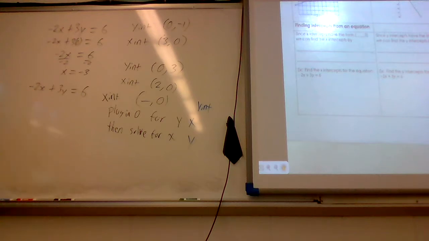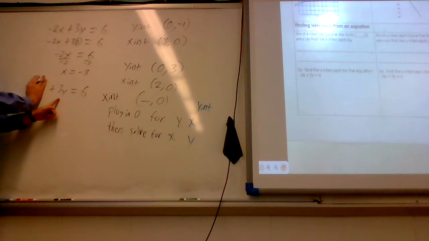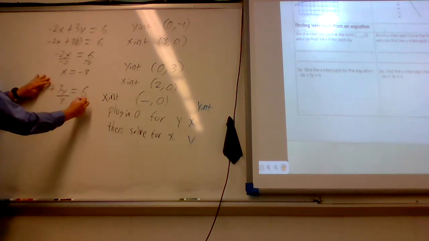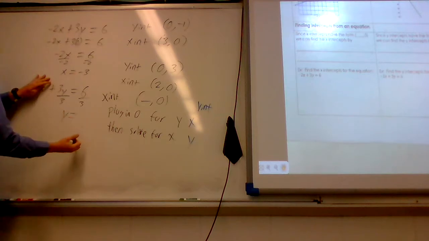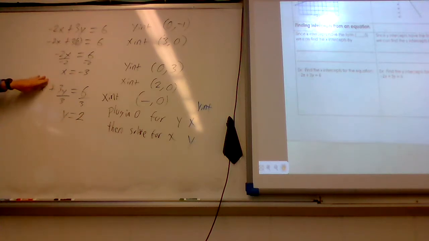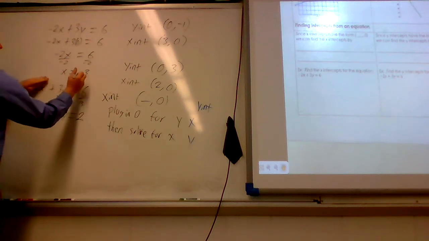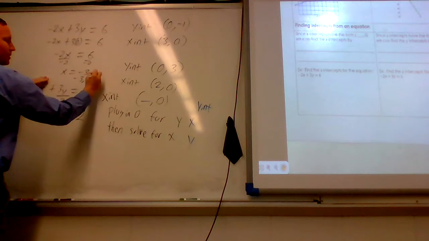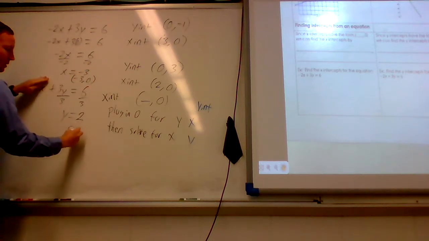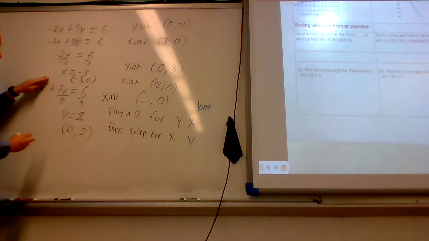We're plugging in 0 for x. Again, we can essentially just cover it up. So we're left with 3y equals 6. Divide by 3, we get y equals 2. Now again, remember these are points, so our x-intercept is really -3, 0, and our y-intercept is 0, 2.